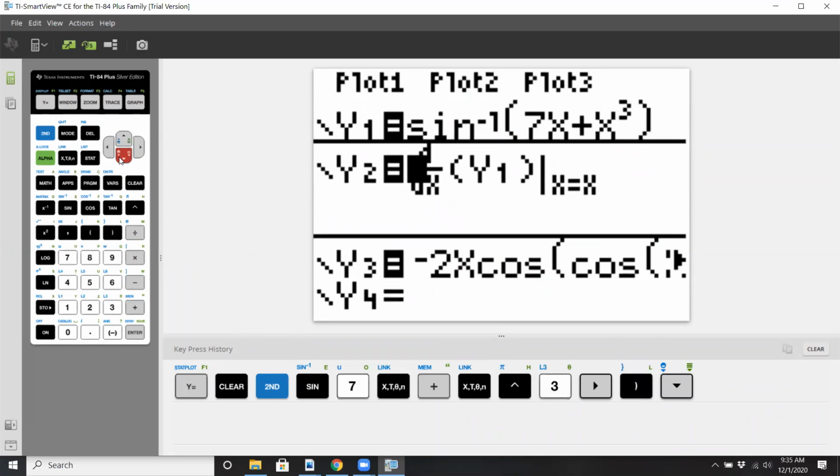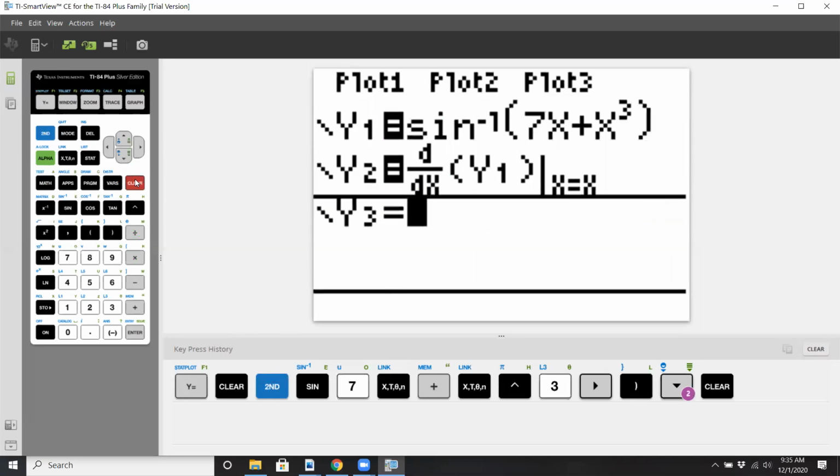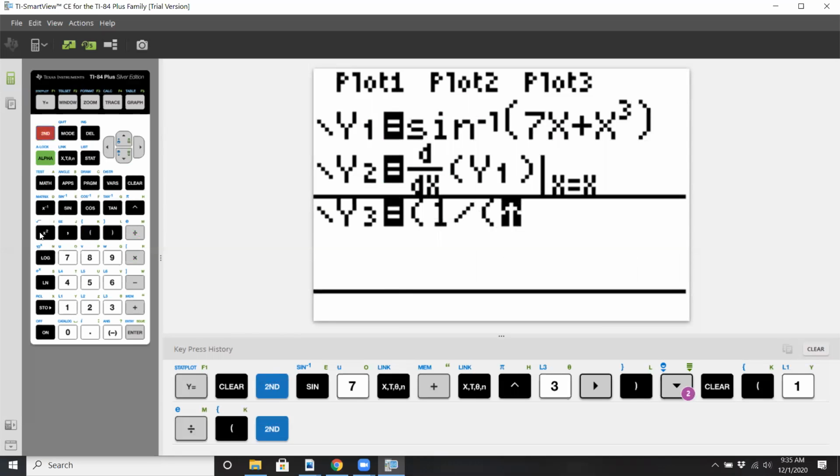And y2, I take the derivative of y with respect to x equals x. What I got by hand was, I'll do parentheses, 1 over the square root.